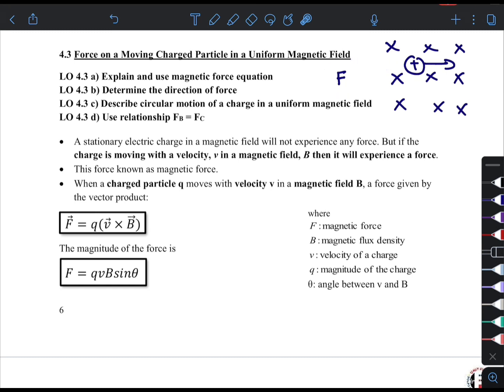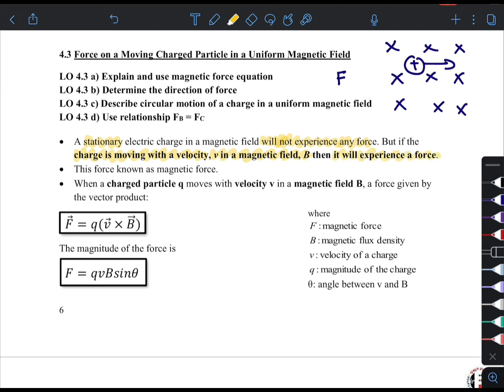Okay, so a stationary electric charge in a magnetic field will not experience any force. So if the charge is stationary, there is no force experienced. But if the charge is moving with a velocity v in a magnetic field B, then it will experience a force.